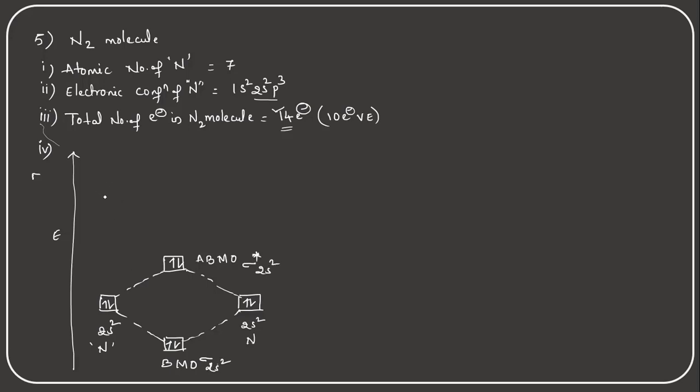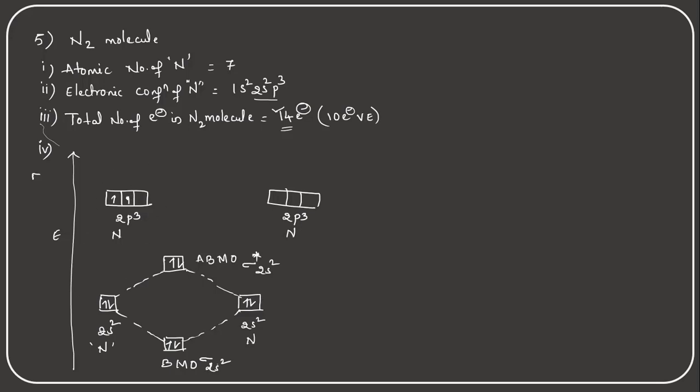So here, this is the 2p3 electronic configuration of the atomic orbitals of one nitrogen, and the other nitrogen also has 2p3 as its outermost electronic configuration. So these are the atomic orbitals, right?